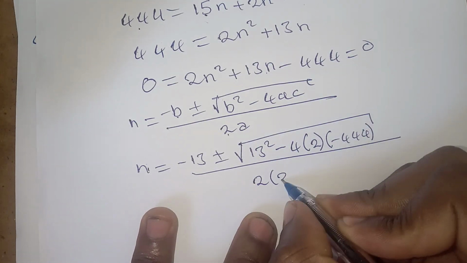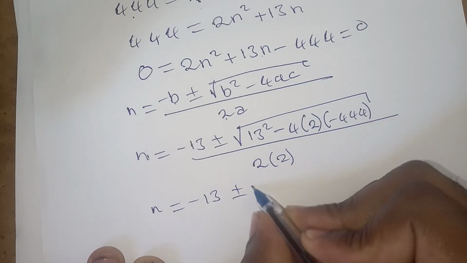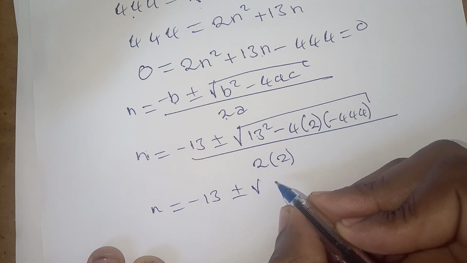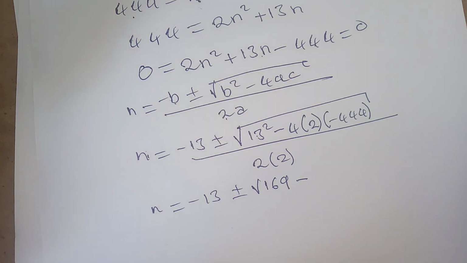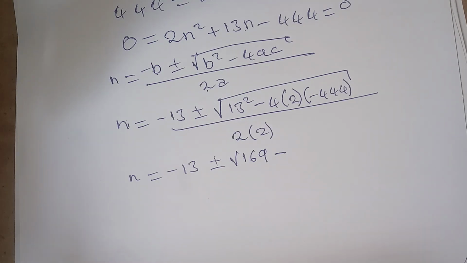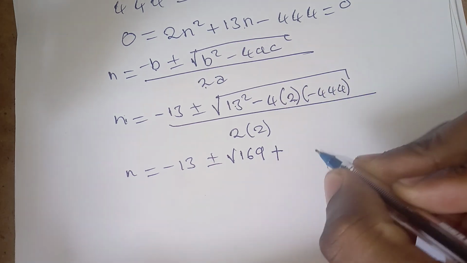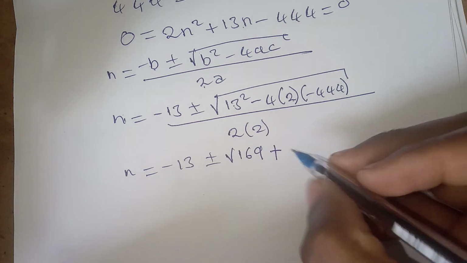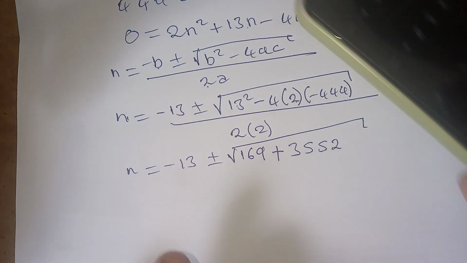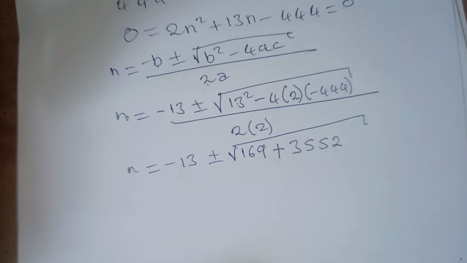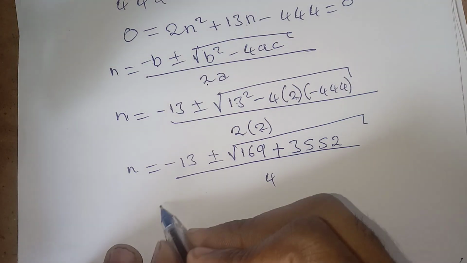Then our a again is 2. So now we have negative 13 plus or minus 13 squared, which is 169. And then for this, using my calculator, this times this times this is 3552. Then everything under the square root here. And then 2 multiplied by 2 will be 4.